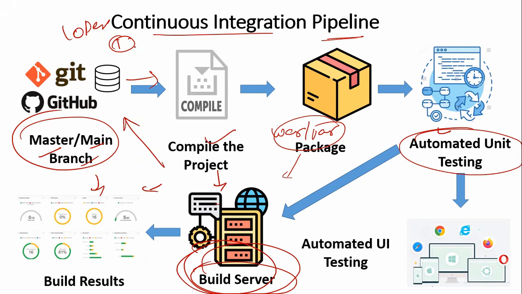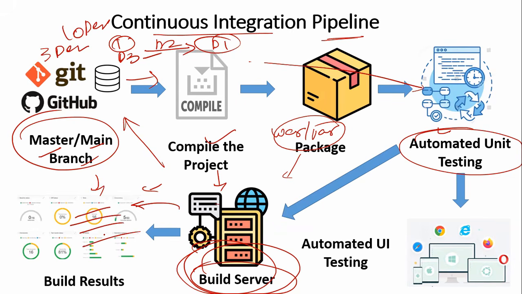Now, for example, 3 developers check in the code, which means it will go in a queue. Developer 1, after that developer 2, developer 3. First this will go and deploy, and automatically results will be published. Then 2, then 3. So here we will have a very detailed build report.